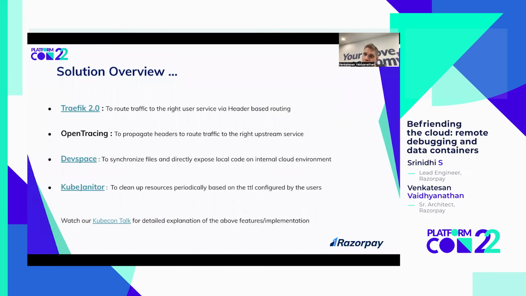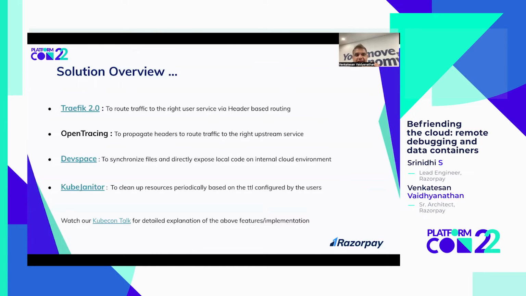Now, to do some of these things, in addition, we need header-based routing, because imagine this: I am having an application with version v1, and my colleague Srinidhi is having the same application with version v2, and I want to make sure that my v1 talks to his v2, which means I need a way to distinguish v1 versus v2, and that is something we do via header propagation.